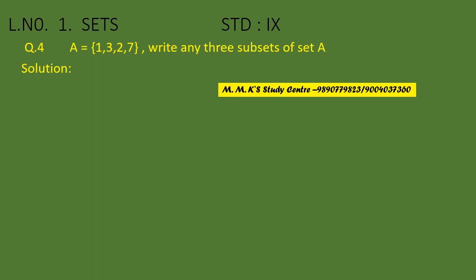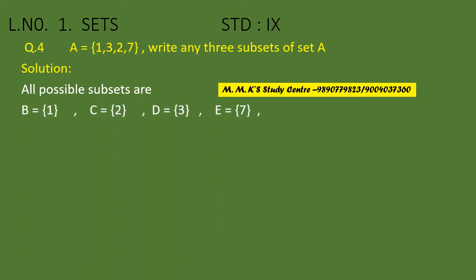So if you consider A, a set having only one element, 1 or 3 or 2 or 7, can be a subset of set A. So we will write B having 1 is a subset of A, C is a subset of A, D is also a subset of A, and E is also a subset of A. Now we will take 2 numbers, for example 1 3, then 3 2, then 2 7, and then 7 1.